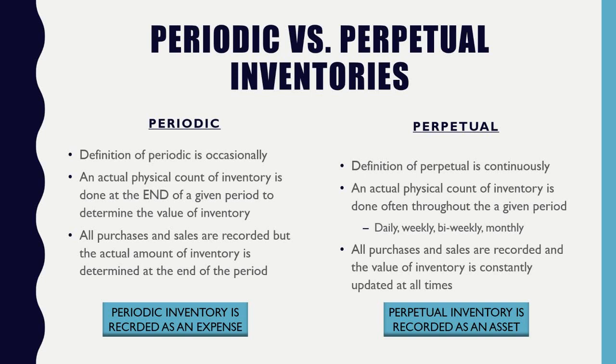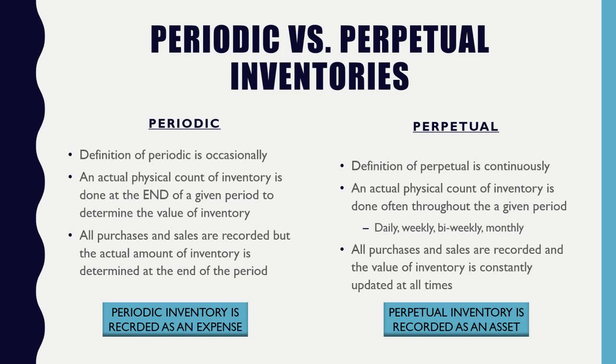However, I do need you to know the difference between them and what they hold for now, but I want you to focus on periodic inventory because that's the one we're going to focus on for chapters 5 and 6, okay?